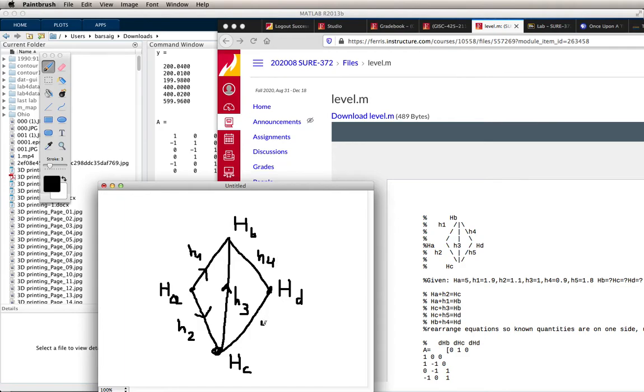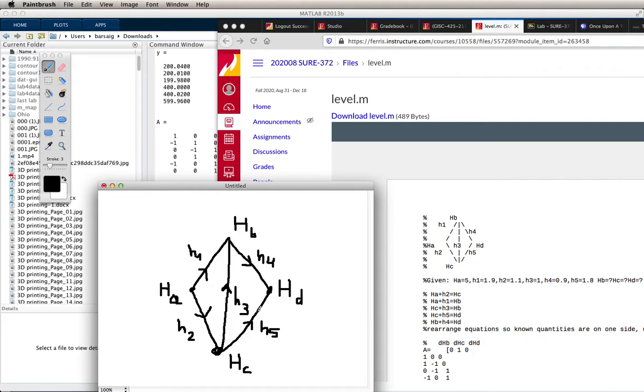H4 and H5. So this is increasing this way, and this is increasing this way. So given HA, H1, 2, 3, 4, and 5, from this we have to determine HB, HC, and HD.